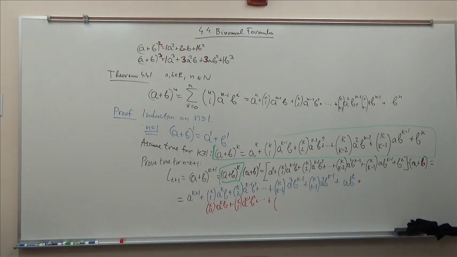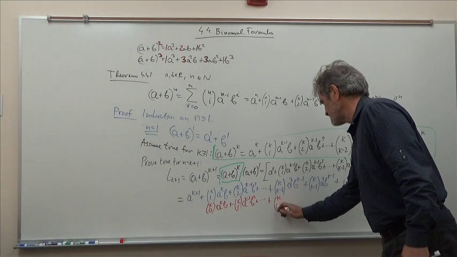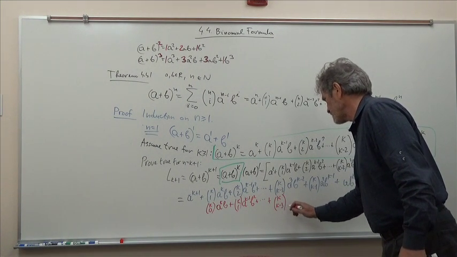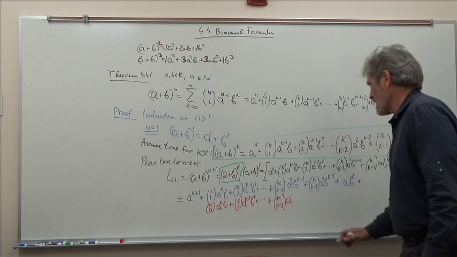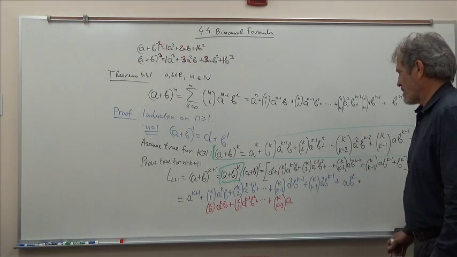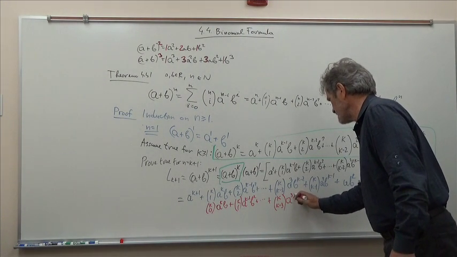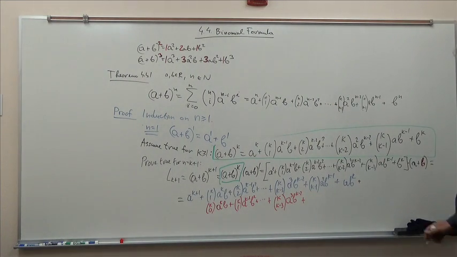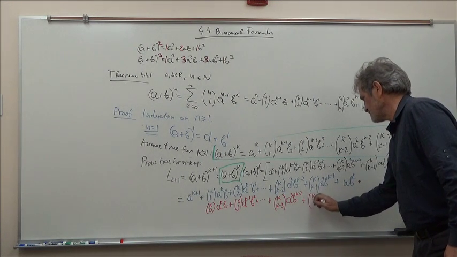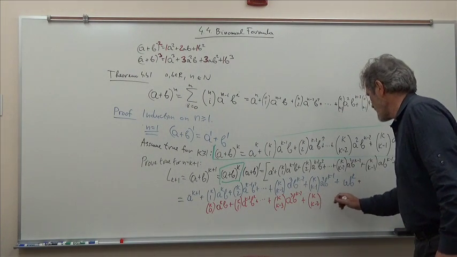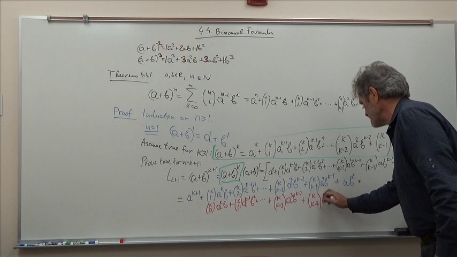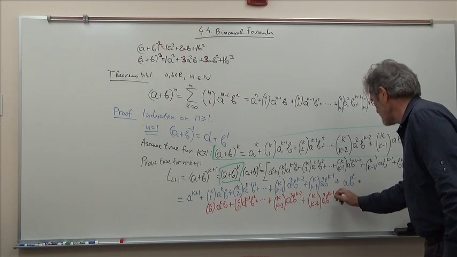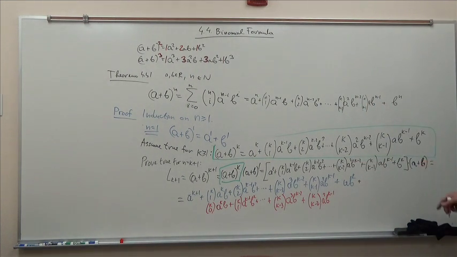So I will have, what would that be, k minus 3, a cubed b to the k minus 2, plus. Now this guy with the b will be k choose k minus 2, a squared b to the k minus 1, because this k minus 2 and 1 is k minus 1.